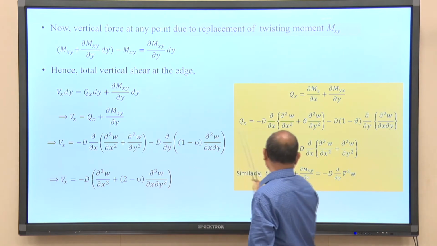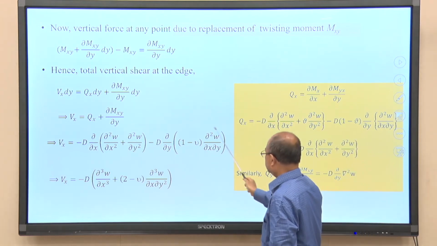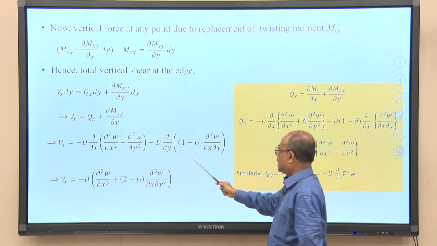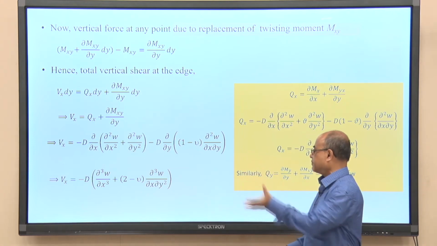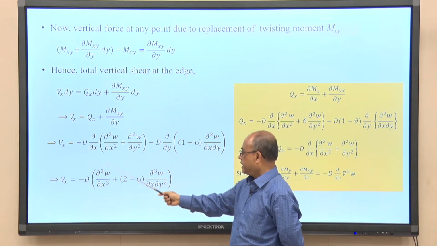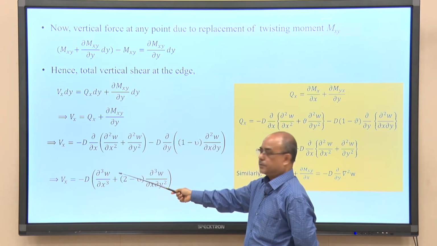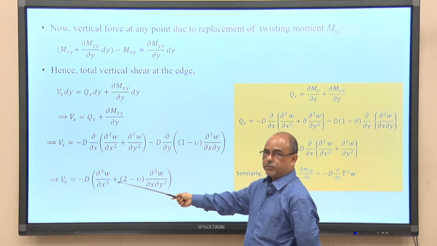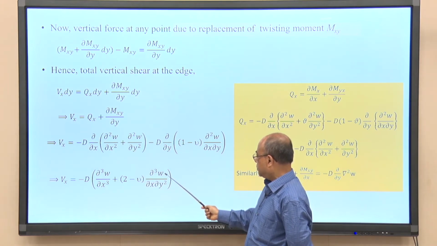And d m x y, you know the expression for d m x y is this term multiplied by this term. So, I have brought this expression for d m x y, and I differentiated it with respect to y. After differentiation and rearranging, you will find that S shear gives a very interesting expression: S shear is equal to minus D times the third derivative of w with respect to x plus 2 minus nu times the third derivative of w with respect to dx del y square.